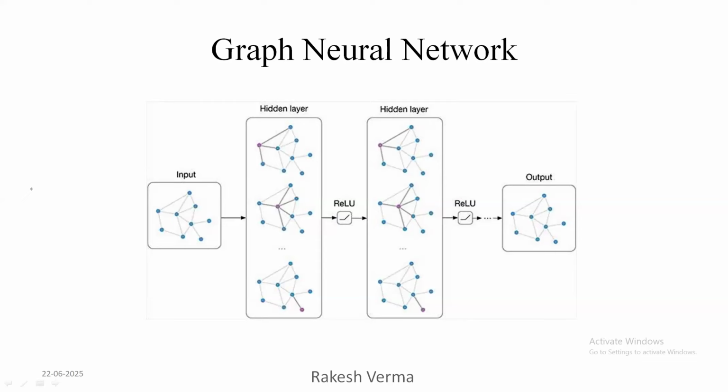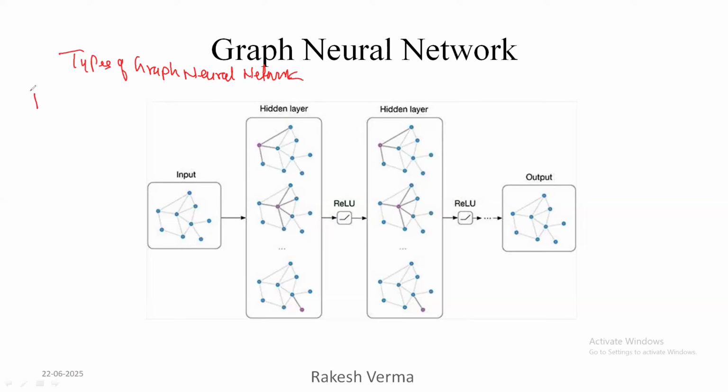Now we come to the types of graph neural network.